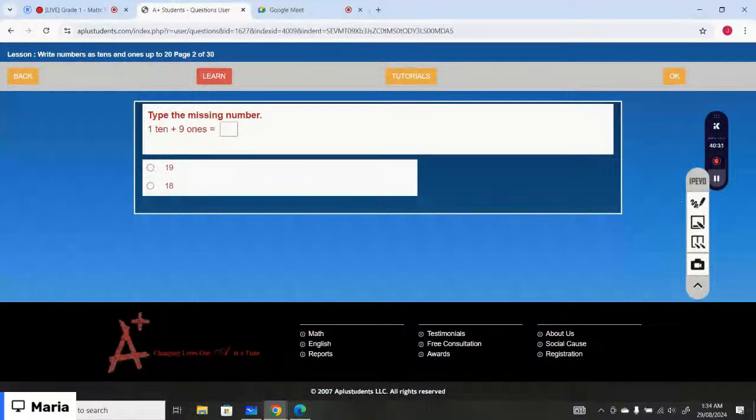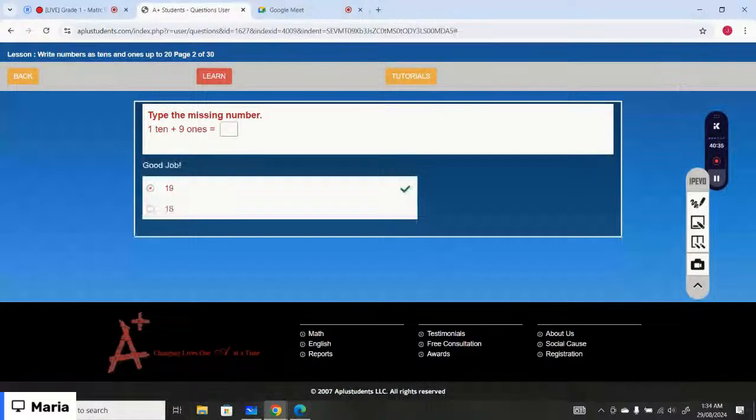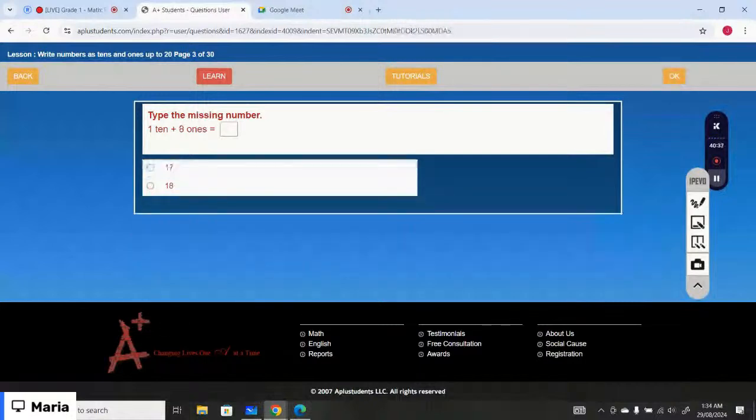Yes, 19. Option number one is the correct option. Okay, type the missing number: 1 ten and 8 ones. Which digit do they make?